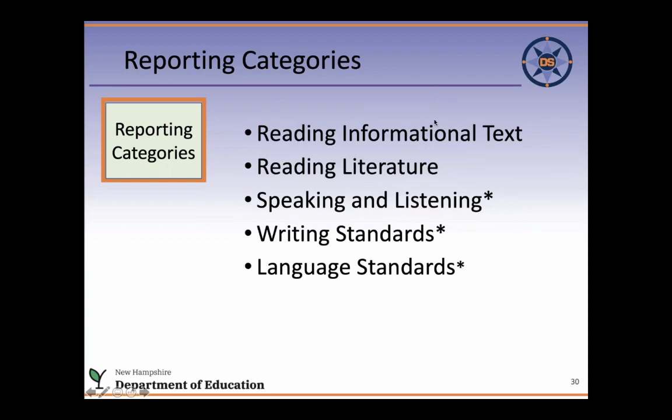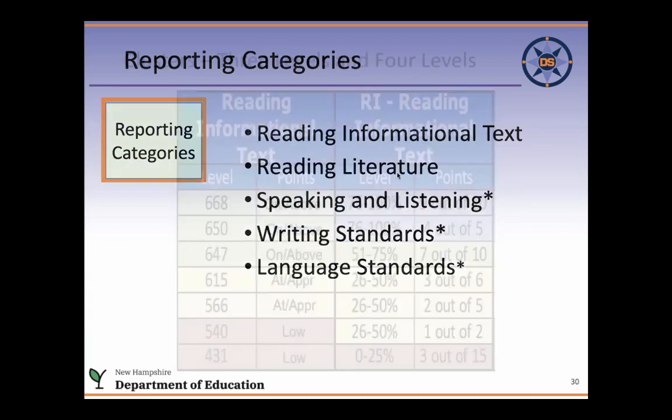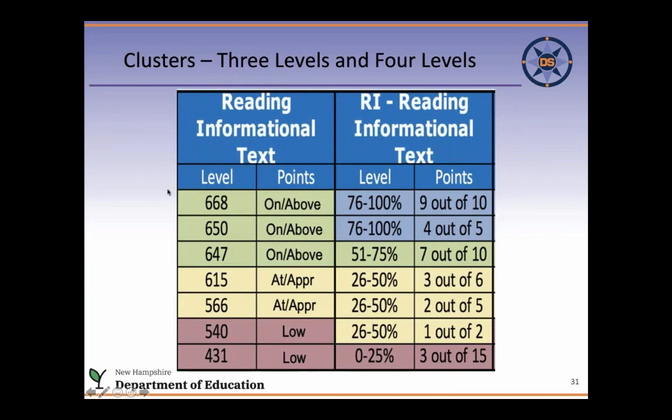So they're different. So for reading informational text and reading literature, you're going to get 2 ways. You're going to get the 3-level version, which is on or above, at or near, or low. And you're going to get the point version. So how many points did this person have for this reporting category? He or she had 9 of 10 and got 9 right, 5 and got 4 right. So you're going to get reading informational text and reading literature 2 different ways.